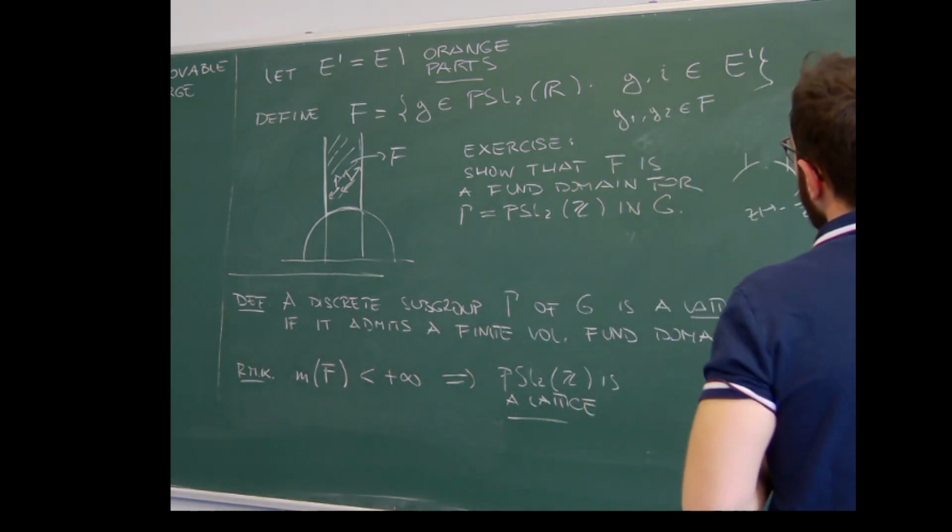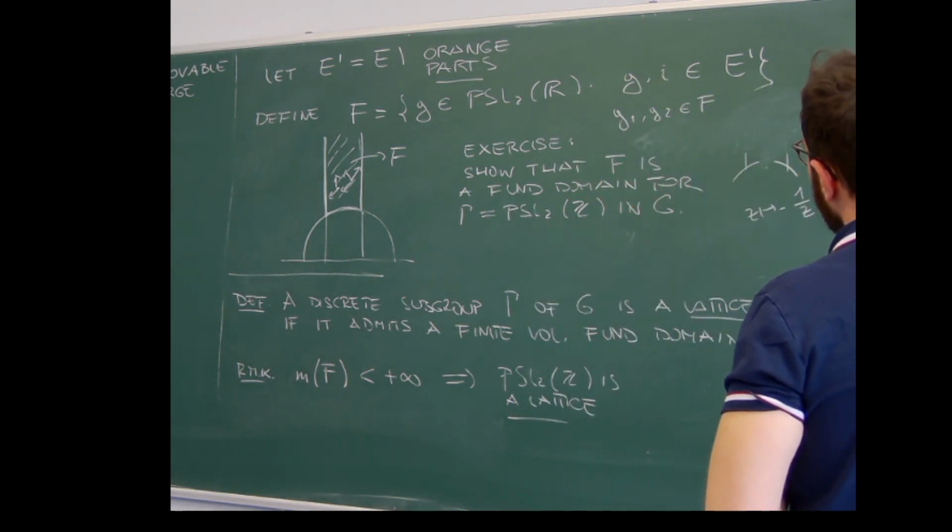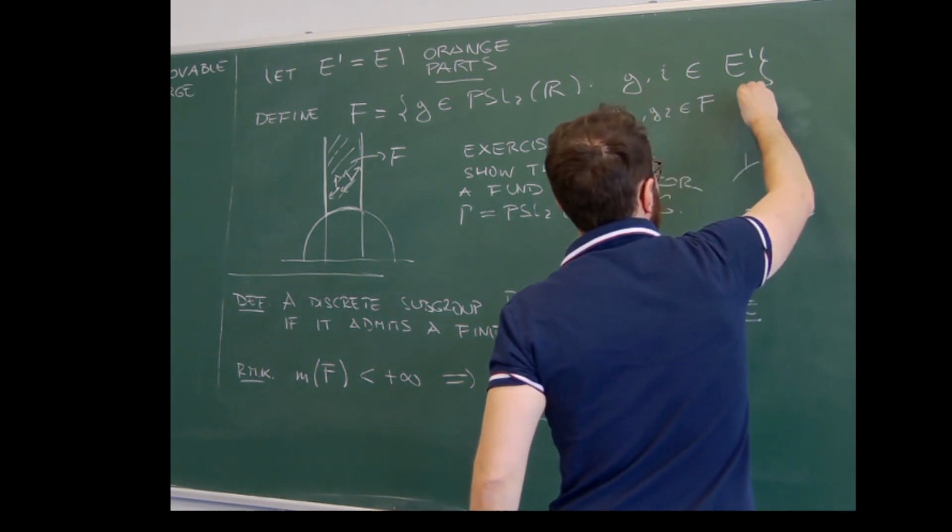Maybe the easiest thing to see is that 1, 1, 0, 1 sends the left vertical strip to the right vertical strip. Yeah, exactly. So that's what I wanted to say.